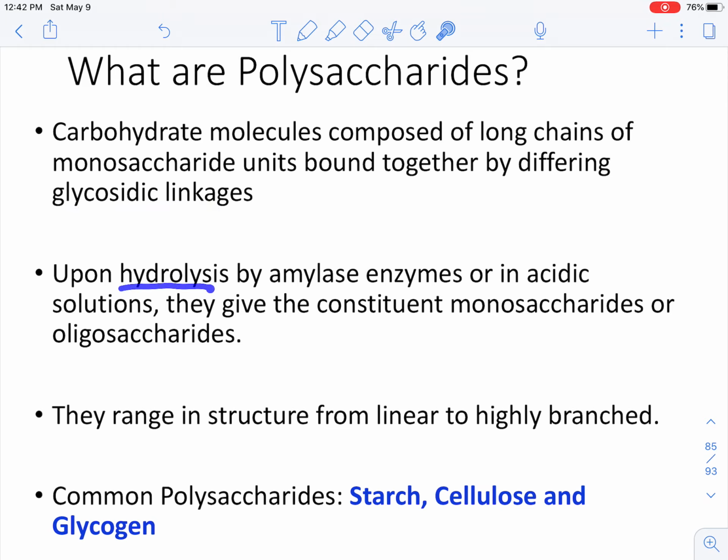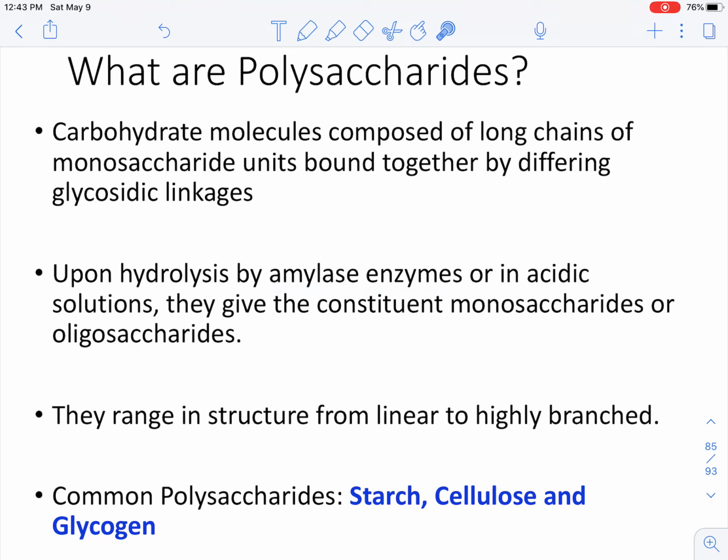Hydrolysis, on the other hand, is the opposite of a dehydration reaction. So instead of forming those covalent bonds, hydrolysis will break those covalent bonds, will break those glycosidic linkages. And this is done through exposing a polysaccharide to an amylase enzyme.